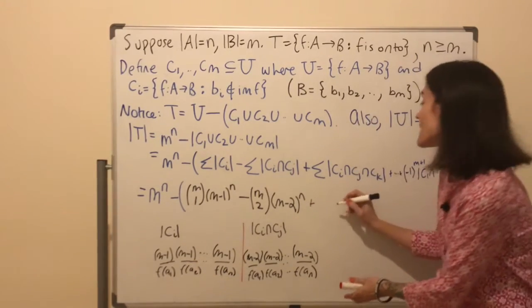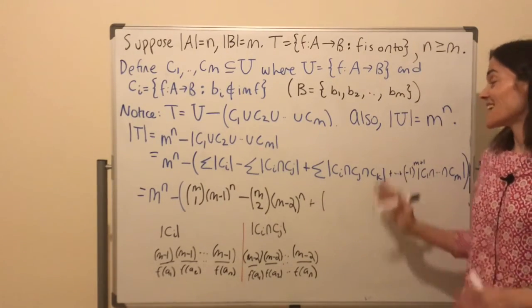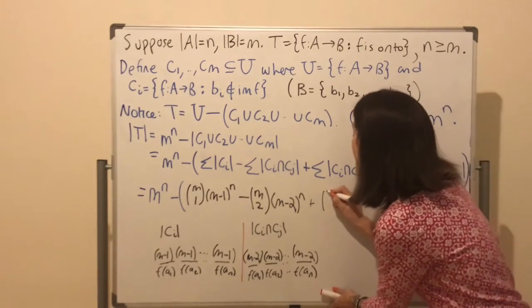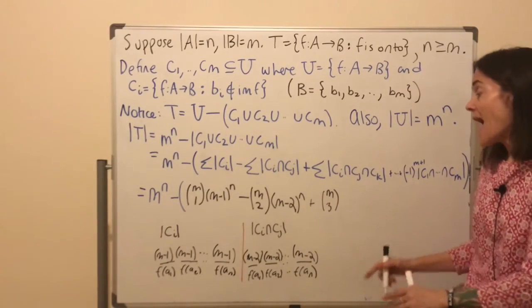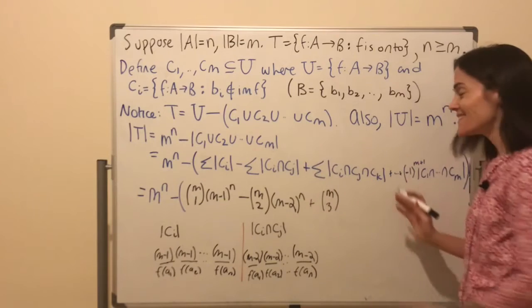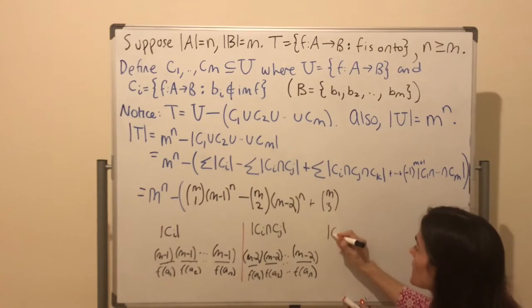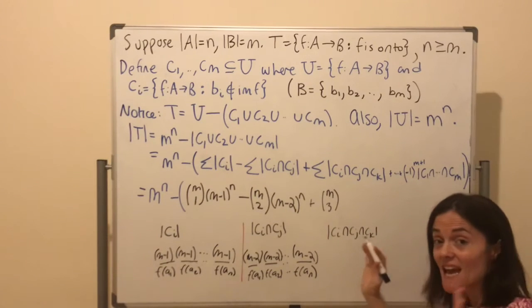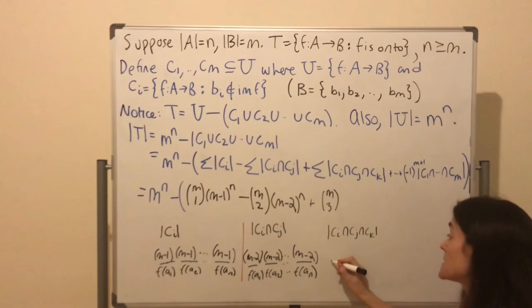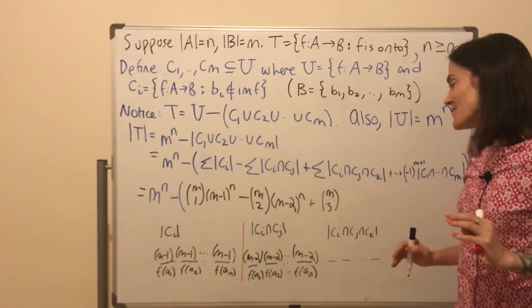How many terms are here? Well, if these are all distinct, and that's what I mean when I write that i, j, and k are all distinct indices, we have m choose 3. And then, if you think down here, how many are in any one of these? Well, the only thing that changes, if you want to look at the cardinality of Ci intersect Cj intersect Ck, where i, j, and k are different indices, is that now there are 3 things from B that you can't map to.